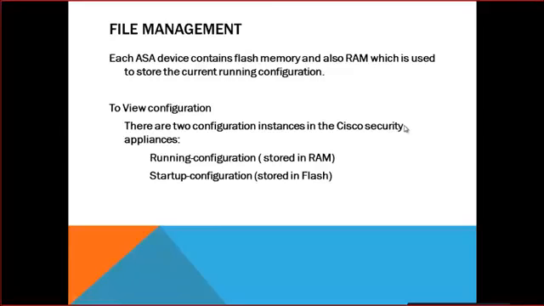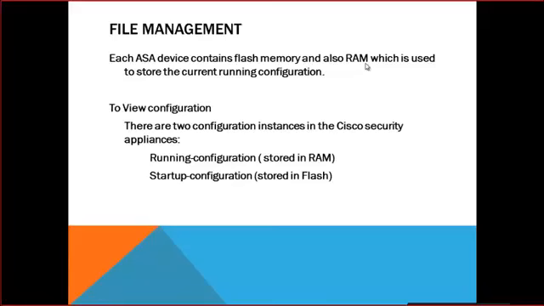In order to have that information for later use, we need to push those configurations to the flash memory, the startup configuration. So we have two configuration modes. One is the running configuration, which is controlled by RAM, which is temporary. As long as you have power, you have the information that you configured.